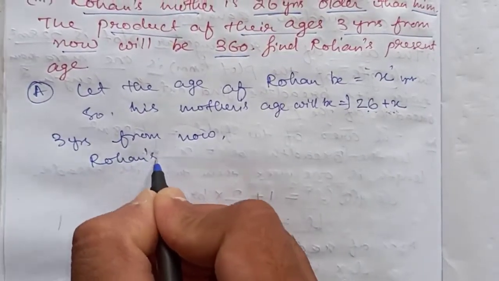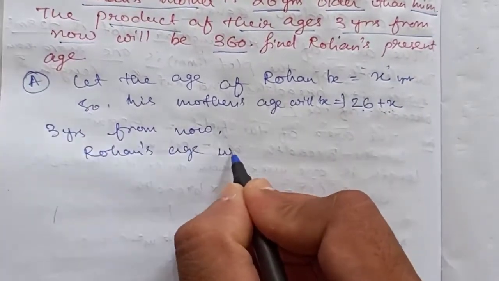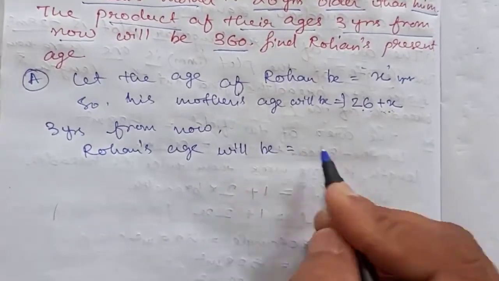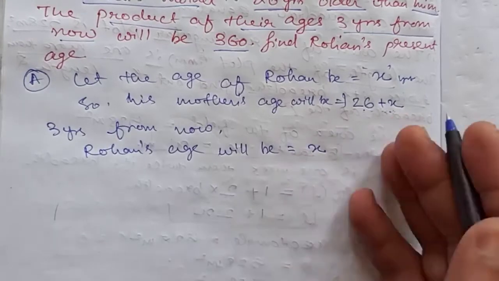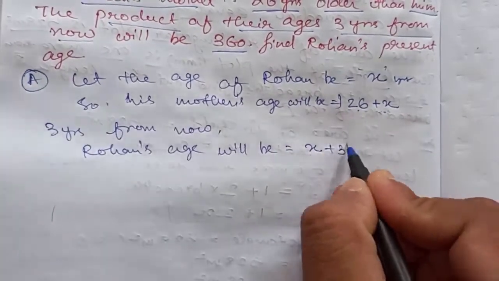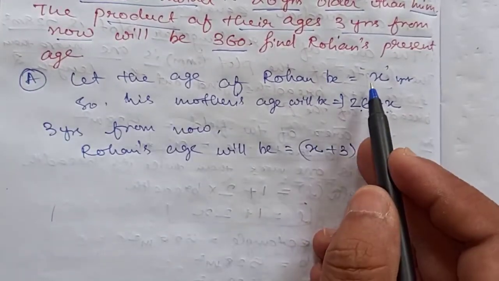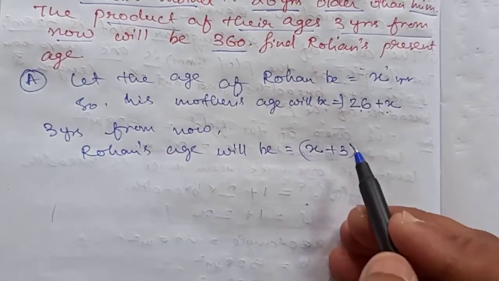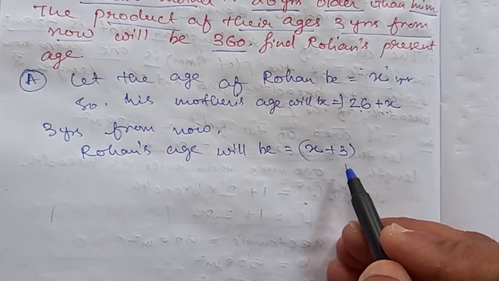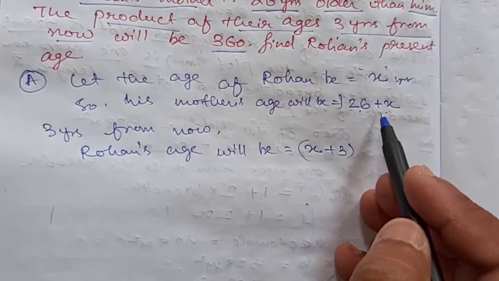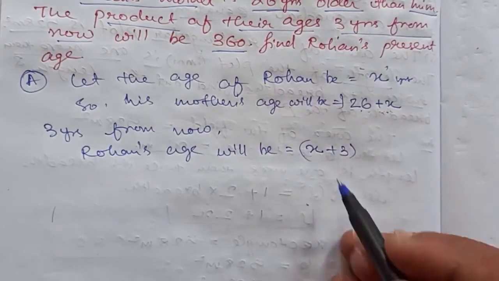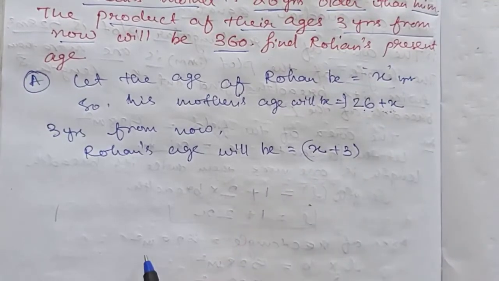Rohan's age, if his present age is x, 3 years from now will be x plus 3. We have to add 3. Suppose Rohan's age is 7 years, 3 years from now he will be 10 years. 7 plus 3 is 10. If Rohan's age is 15 years, 3 years from now it will be 18 years. 15 plus 3.